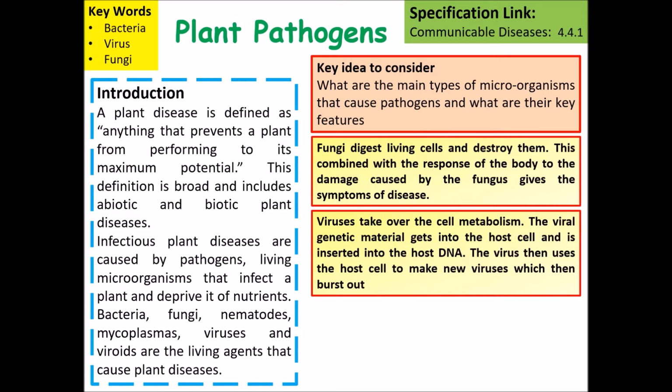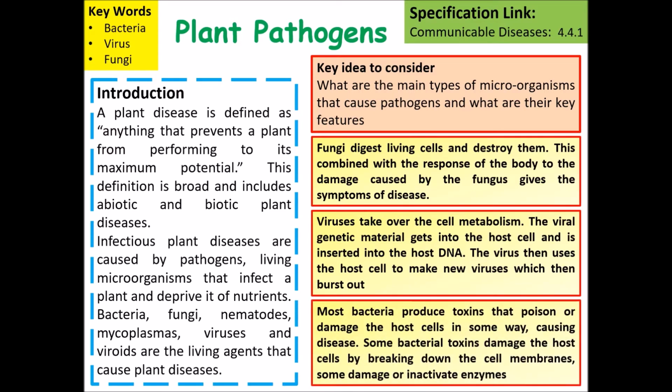The virus then uses the host cell to make new viruses which burst out, which will subsequently destroy the cells. And finally, bacteria that are infecting plants will quite often produce toxins, and these toxins will damage the cells in the plant.